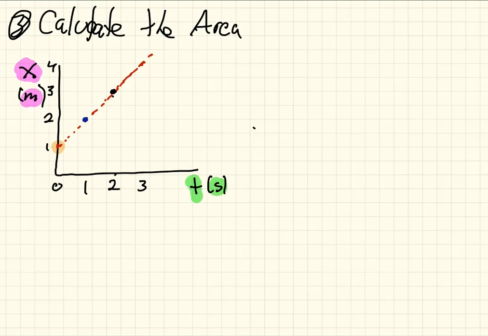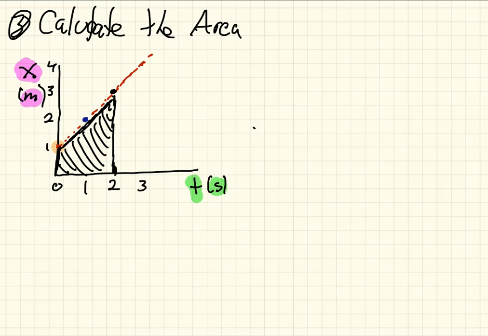So let's say we're going to do that between 0 and, let's say, 2 seconds. Okay. Now, the area is everything that is inside between the curve or the graph and the x-axis. So we are trying to find this area here.